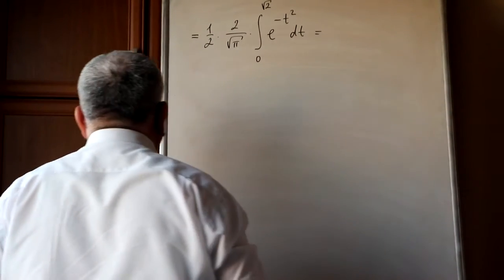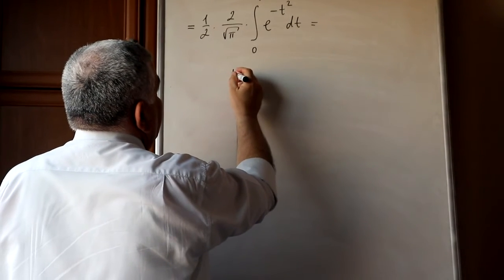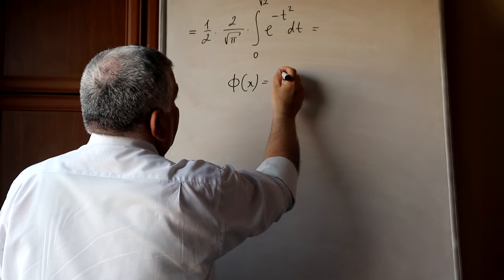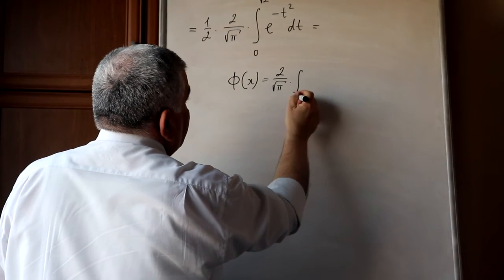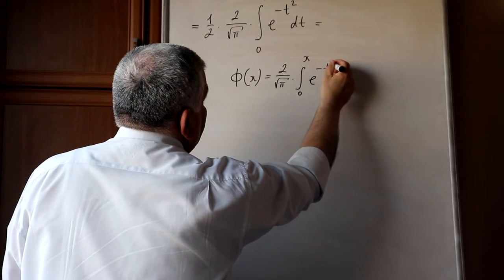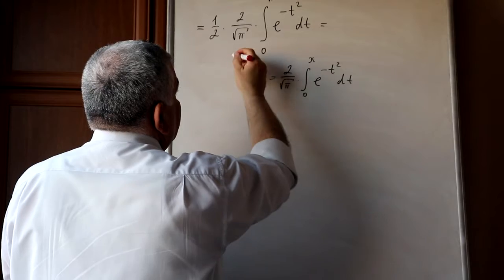Then remember the formula of the error integral. Phi of x is equal to 2 over square root of pi multiplied by the integral from 0 to x of e to the minus t squared dt. It is the expression of the error integral.